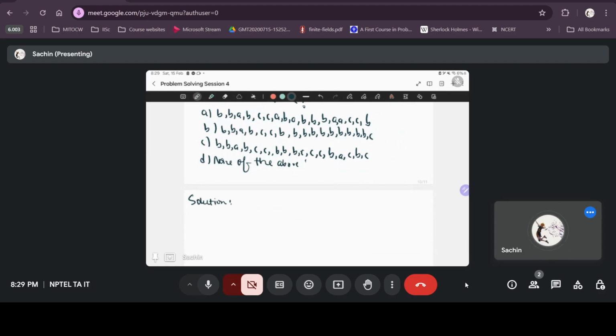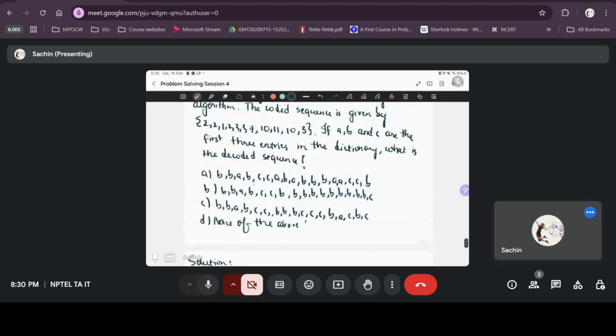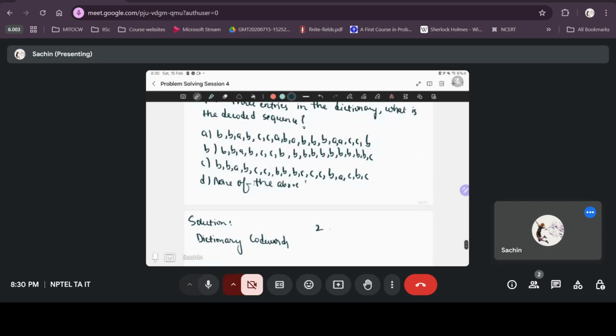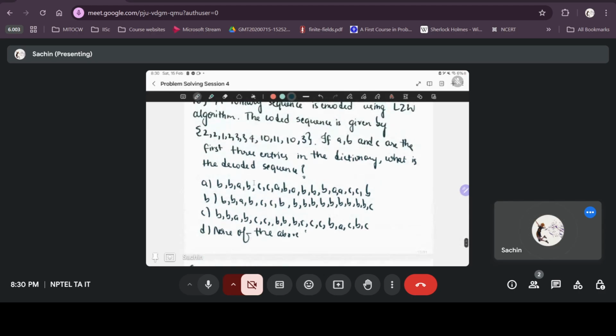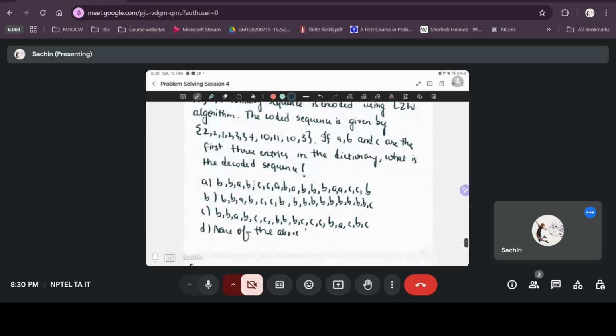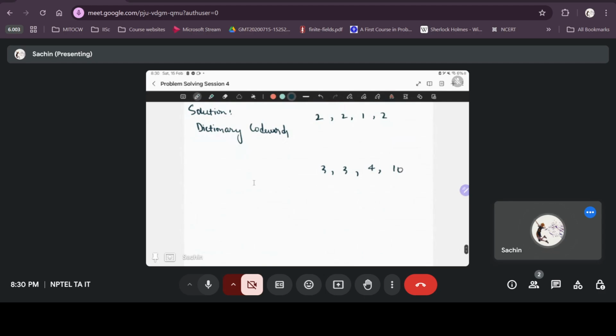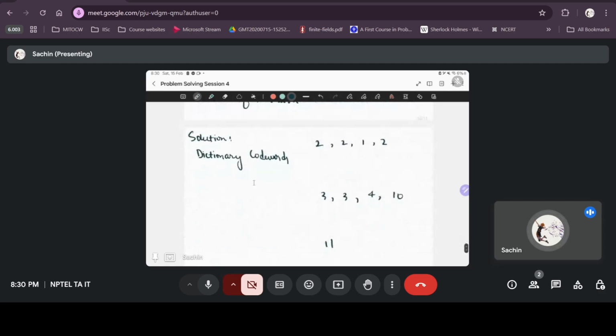And the solution is: again, we'll write the dictionary and code word. The code is 2, 2, 1, 2, 3, 4, 10, 11, 10, 3.